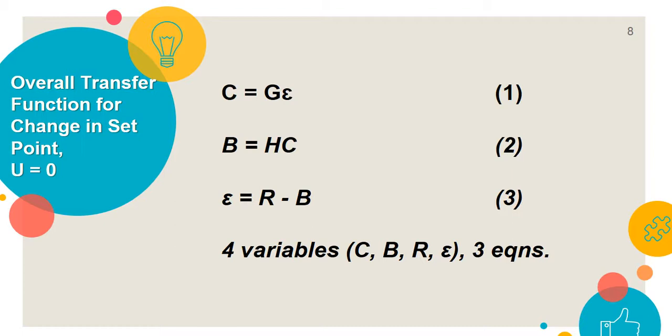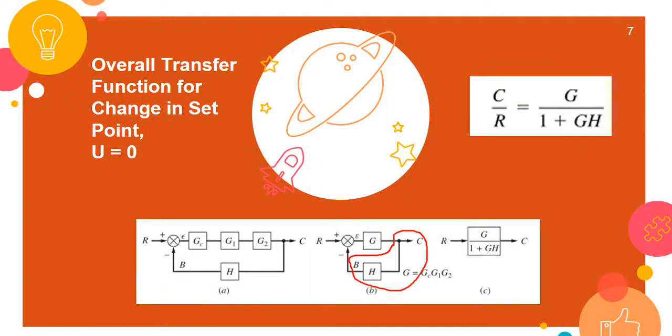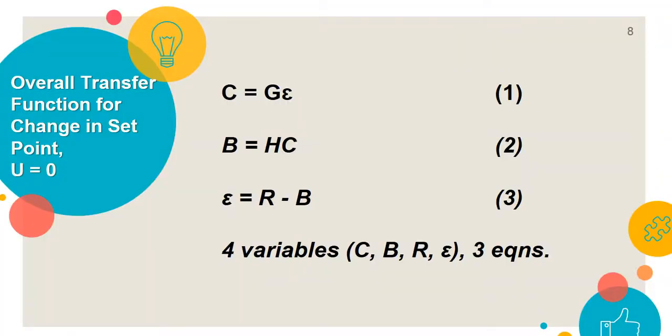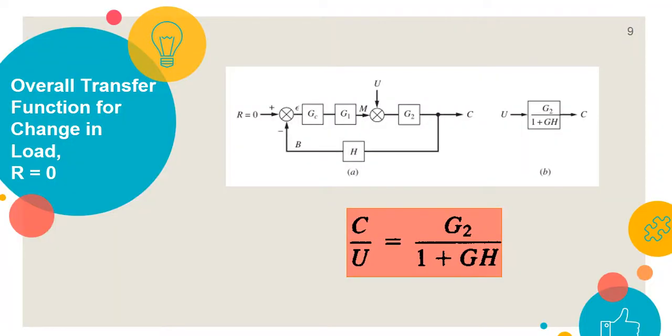Now, this one is the overall transfer function still of your system relating C to R. What about relating C to U? This time, R is going to be set to 0, or there won't be any changes in the set point. It's only the load, or it's only your input variables that are experiencing changes.